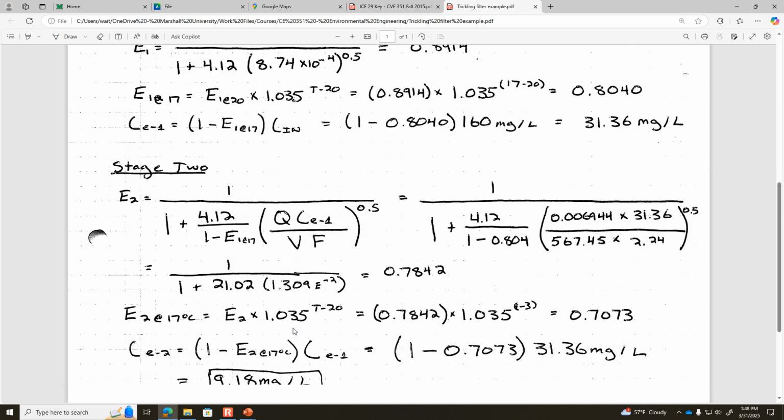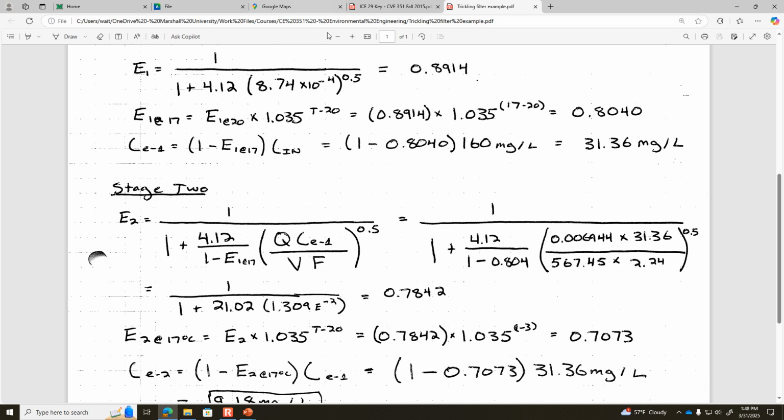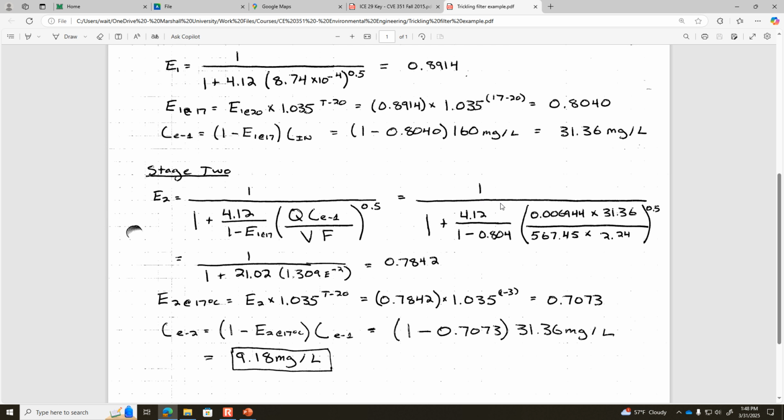Okay, so for stage 2 of the trickling filter, we're substituting in the same flow rate for the overall process. It has the volume. The second stage we assumed had the same volume, the same recirculation conditions. But you'll notice that the concentration that I'm putting into the second stage is the effluent concentration from the first stage. And then we're correcting for the removal efficiency in the first stage.